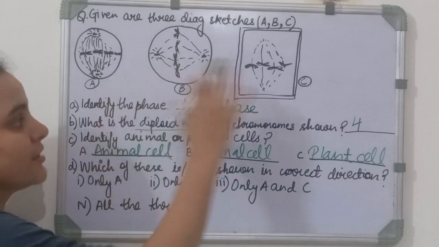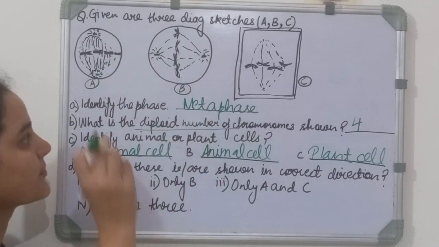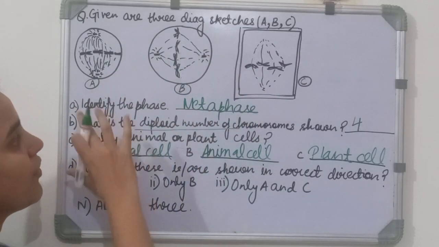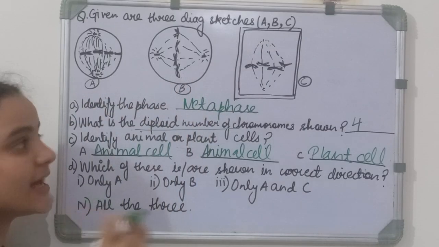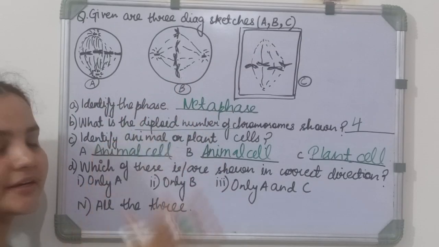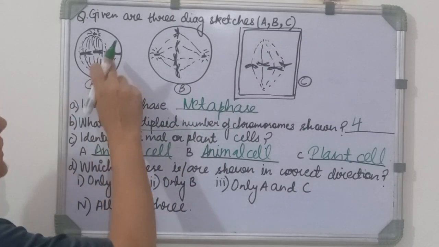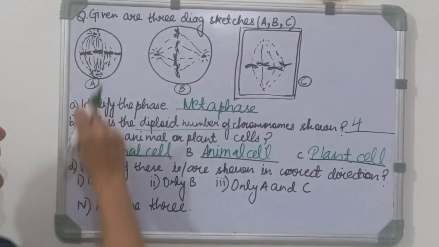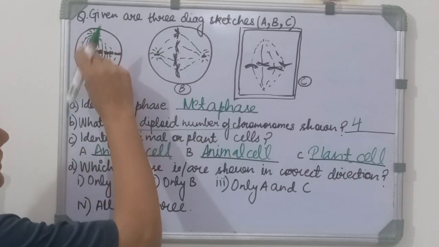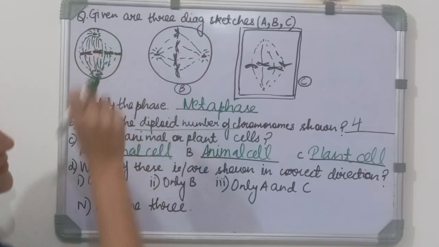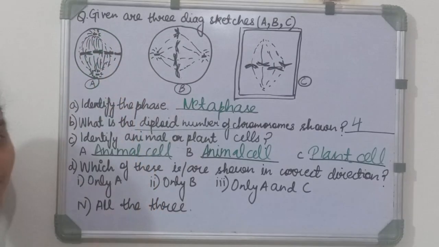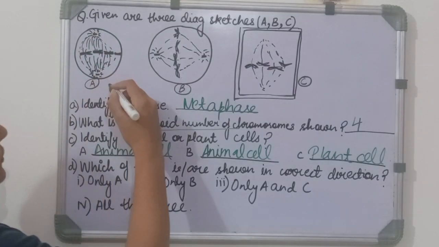Here if we observe the diagrams one by one, we will see that in all the diagrams everything is in the correct direction. See, here the chromosomes are arranged and the spindle fibers are joining the centromere and they are originating from the centrosome. So A is also correct.